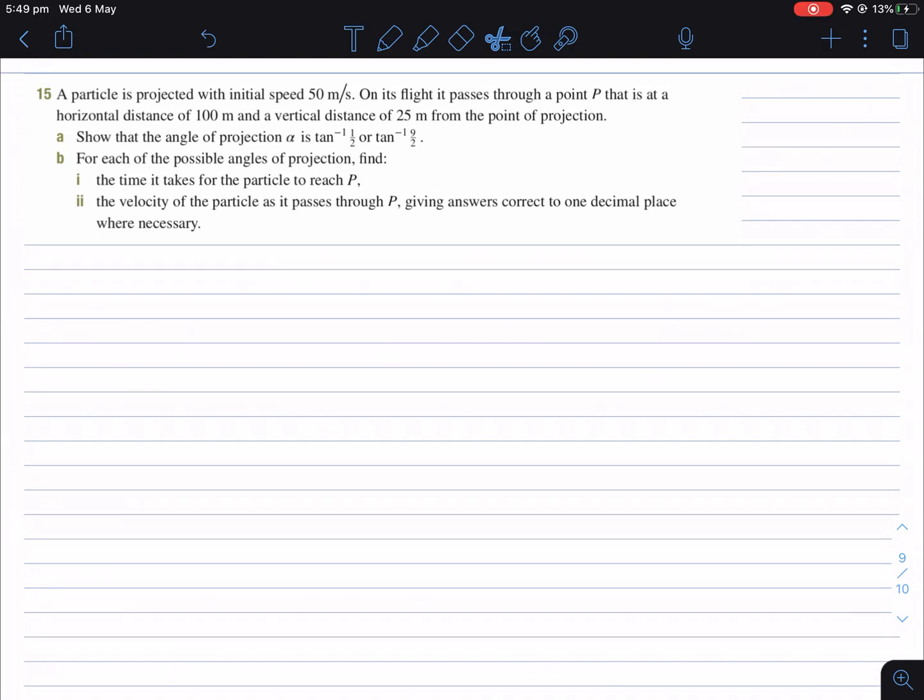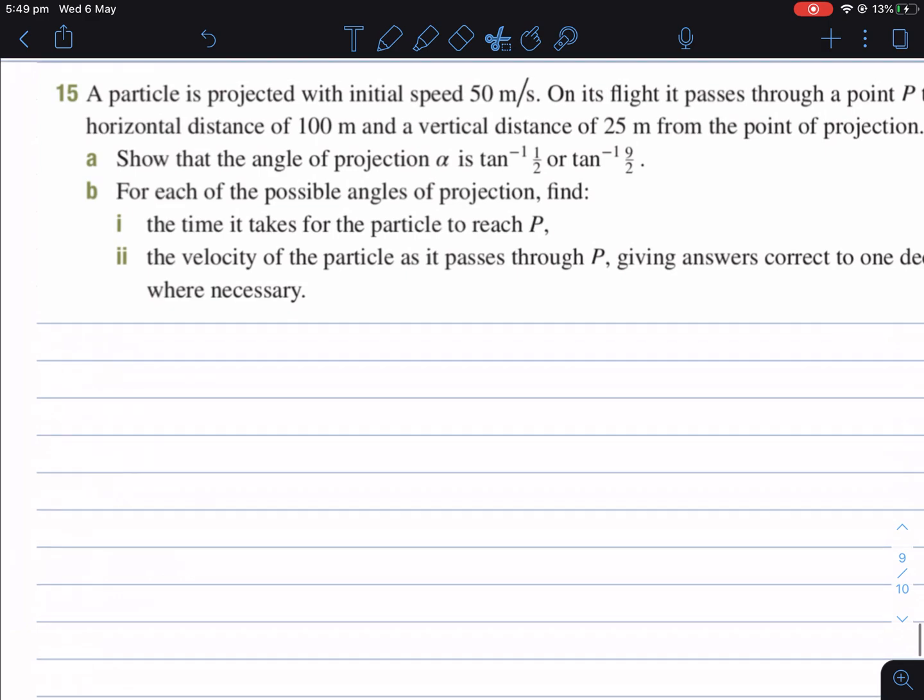Question 15. Okay. We know at time 0, x0 equals 0, y0 equals 0, and v equals 50.